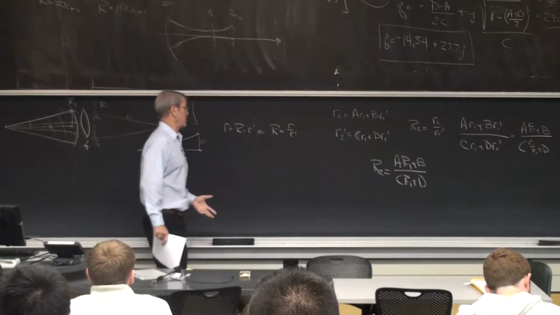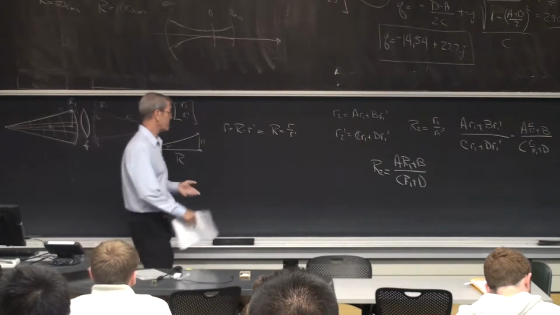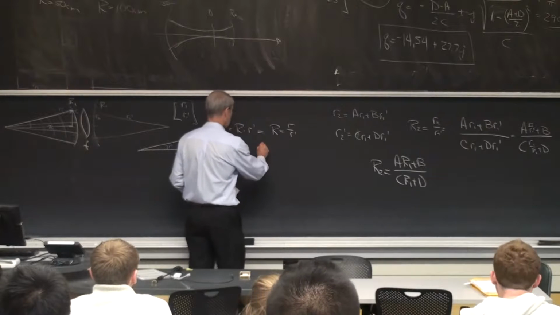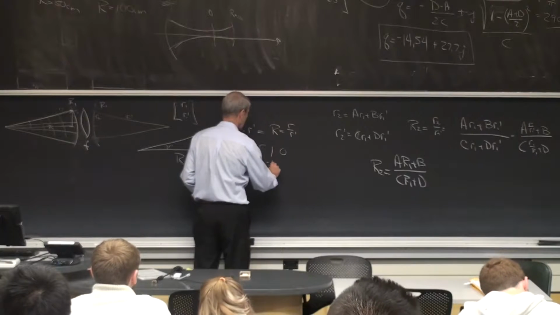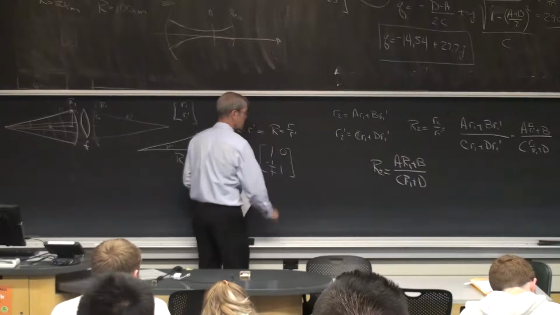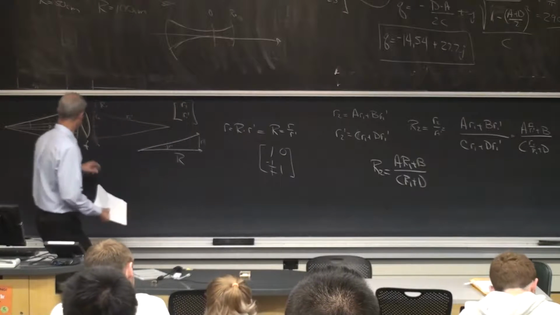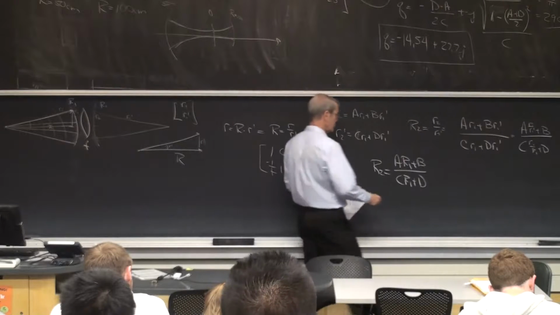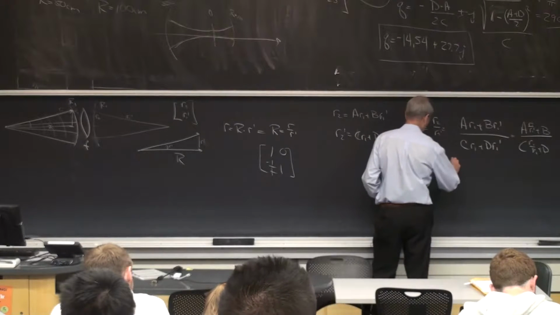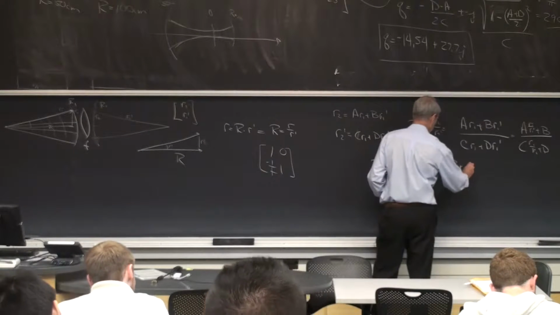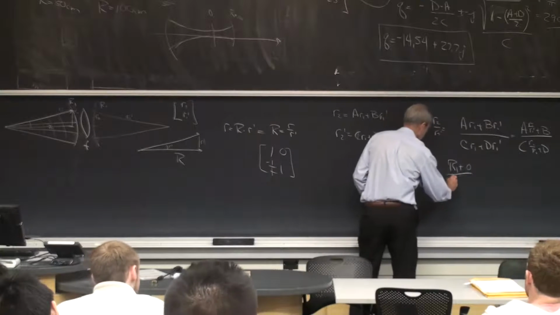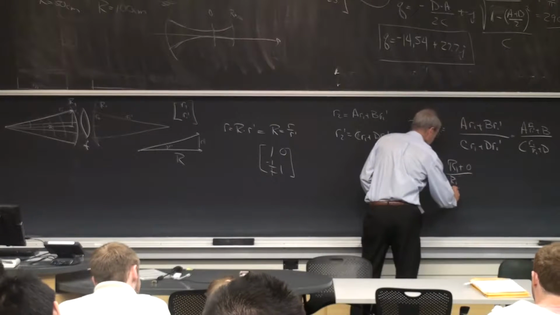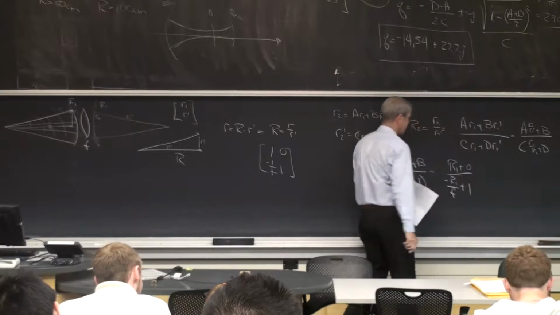Now, what's a lens ABCD? Well, the lens ABCD, if you remember, is 1, 0, minus 1 over f, 1. And my question was, what's the relation between these two radii? So R2 is going to be equal to A R1 plus 0 divided by R1 divided by F plus 1.